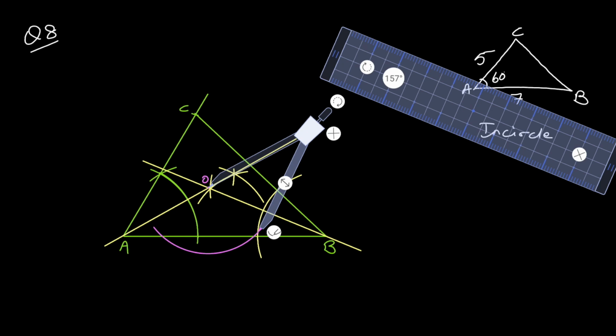With the same radius and these 2 points, you get a pair of intersecting arcs below this.